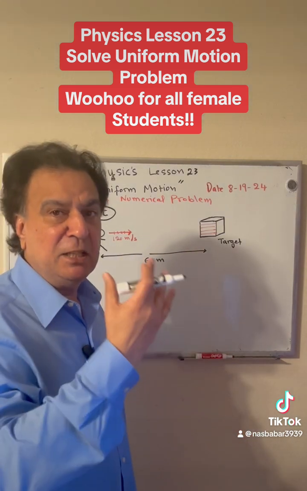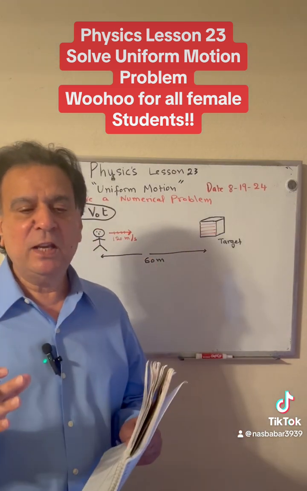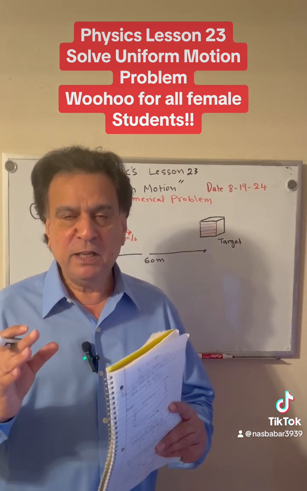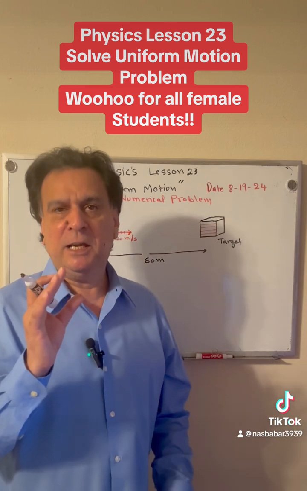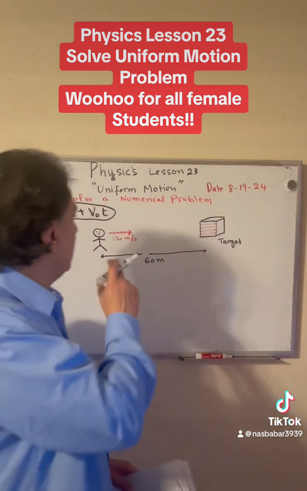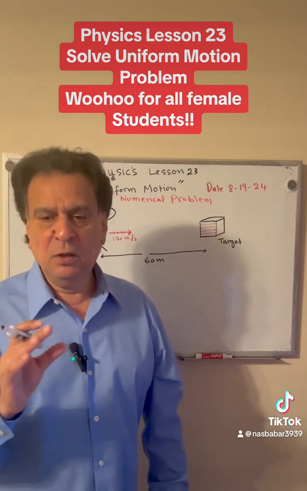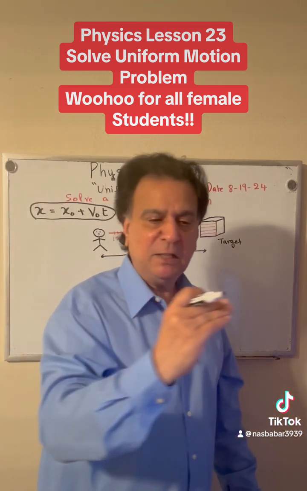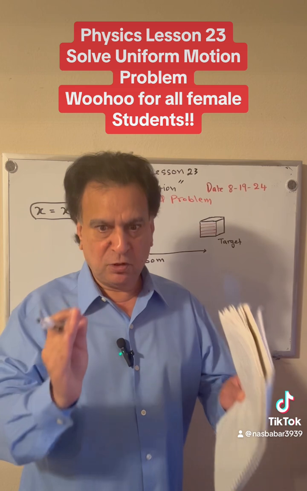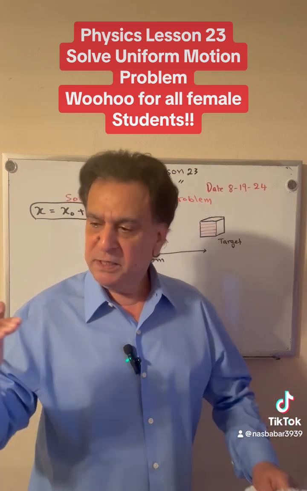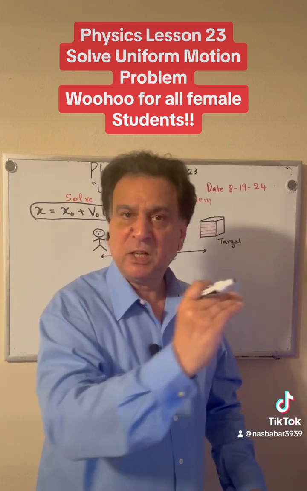Initial velocity means the velocity at the time when we started looking at the problem. Don't misunderstand that if it says v0, you're looking at time zero. No, the car could be running at 10 meters per second, and that's when you started looking at it. So then v0 will be 10 meters per second.